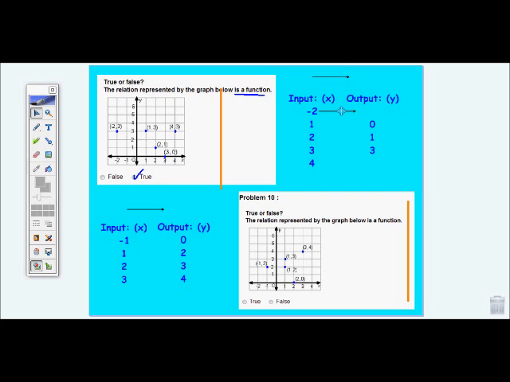So -2, on the graph, where did -2 go? -2 goes to 3. So we will draw that arrow to 3. On the map, 1, and I'm reading the map from left to right, on the graph, 1 goes to 3. So let's go ahead and direct that to 3.